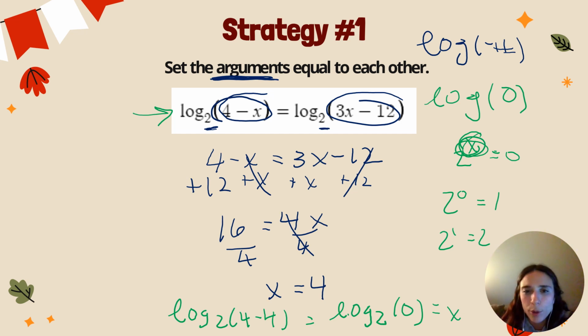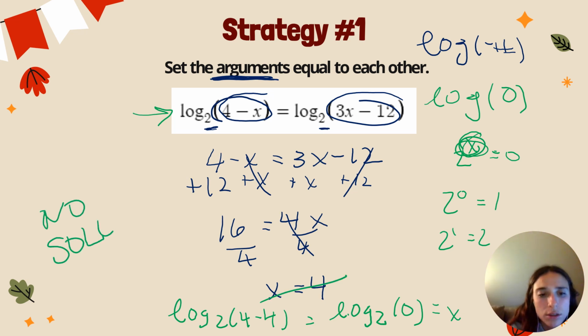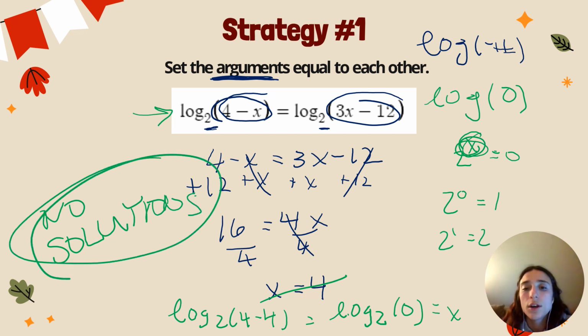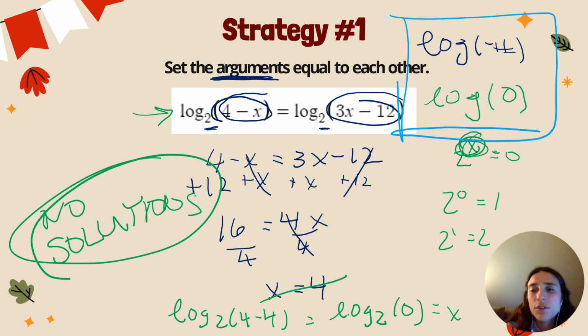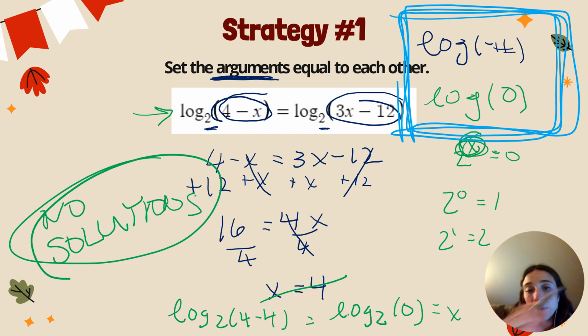You get undefined for both of them. Since 4 didn't work, cross it out. And since we have no other options, this one has no solutions. So two things to remember: logs can't be negative on the inside, and logs can't be 0 on the inside. But in general, if you have log equals log, set the insides equal to each other, solve.